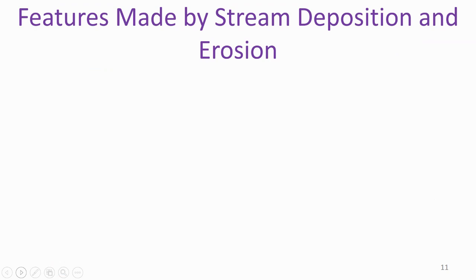So more features made by stream deposition and erosion that we've mentioned in the last slide were the oxbow lake, V-shaped valleys, beaches, because sediment is carried from rivers to the coastline.